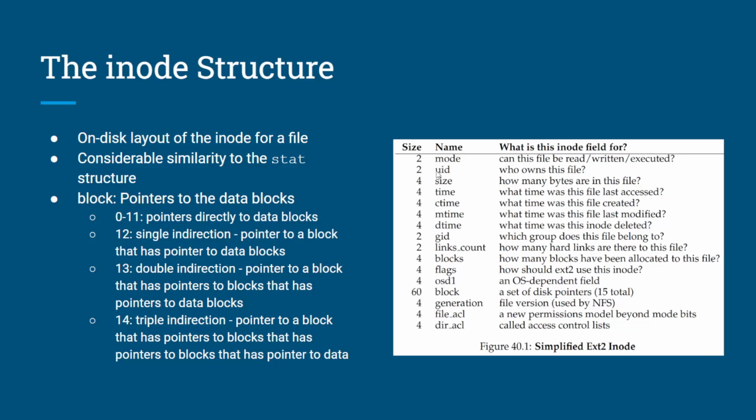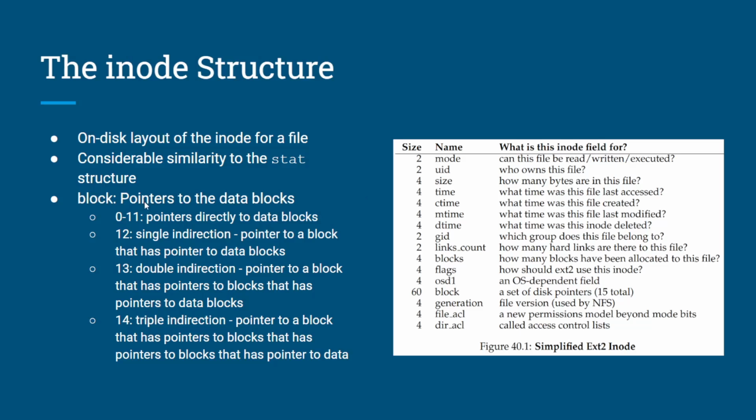It has things like the inode number, the mode bits, the size of the file, various times of that particular file, the group ID and user ID, the link count, how many links there are to it, how many blocks are allocated for this file, and various flags that are set. But the largest portion of this structure is this 60-byte area called the block.